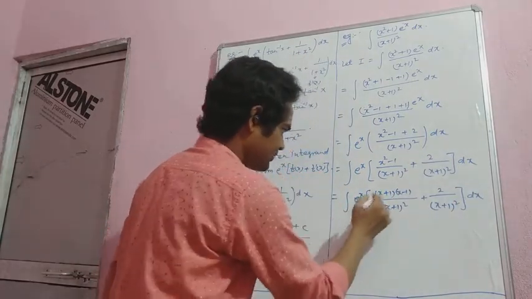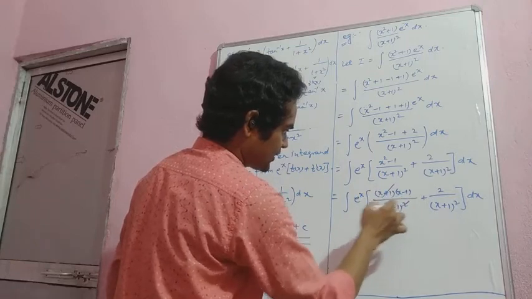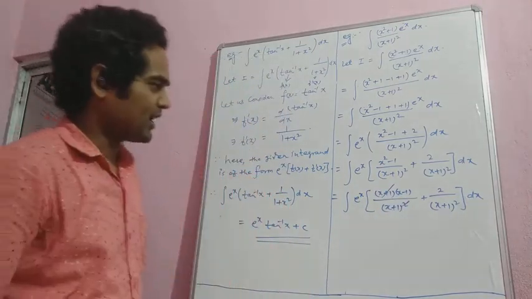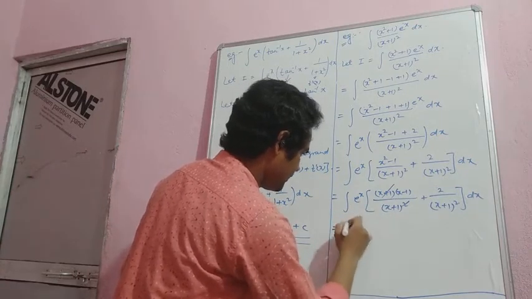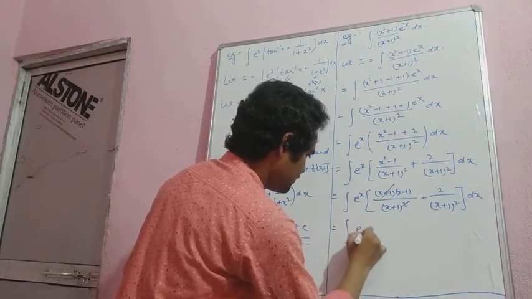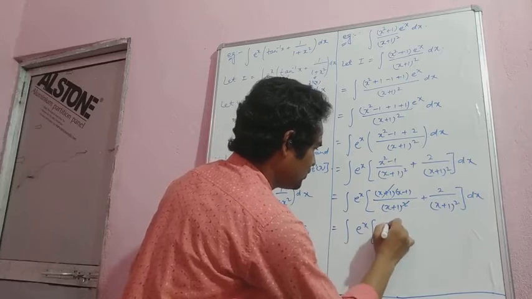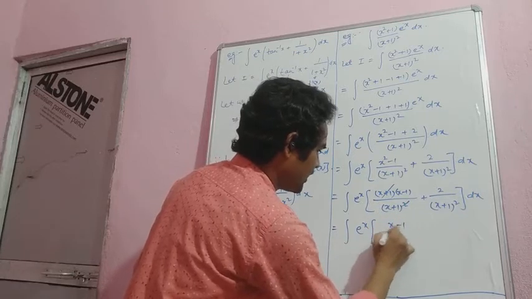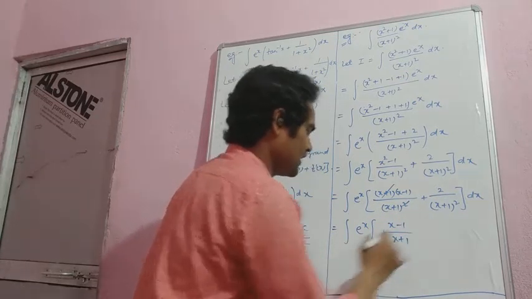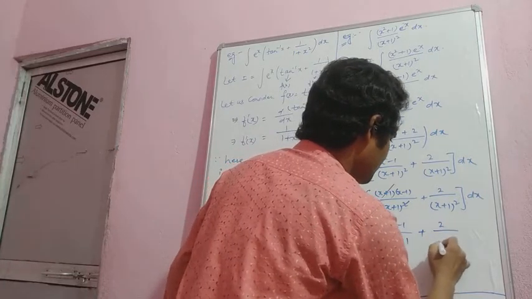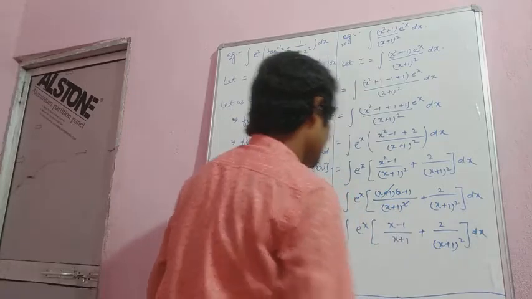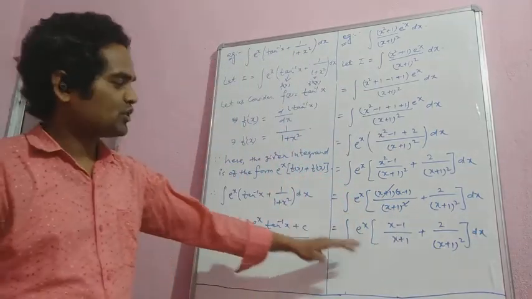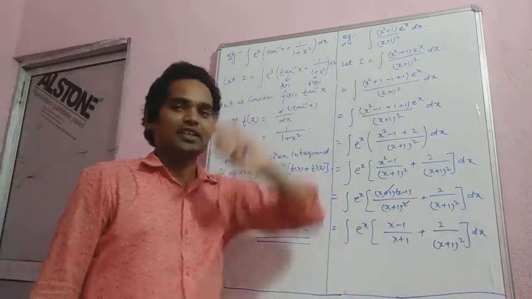Now x plus 1 and x plus 1 will be cancelled, so it will remain e to the power x into (x minus 1) upon (x plus 1) plus 2 upon (x plus 1) whole square dx. This is the reduced standard form of this integral.